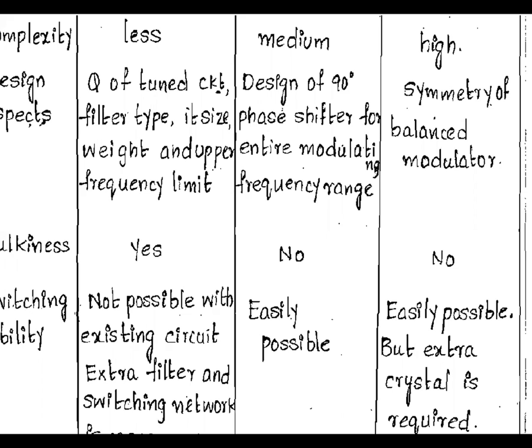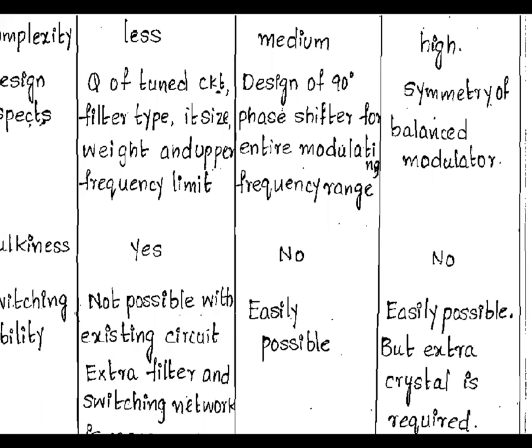There is the likeliness in the filter method, not in the second method, and in the third method also. And the last one is switching ability. Switching ability is not possible with the existing circuit.